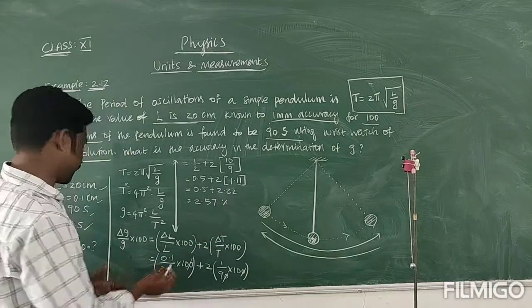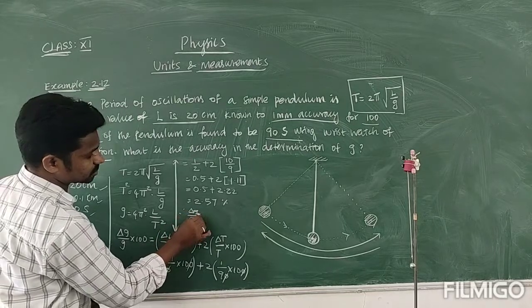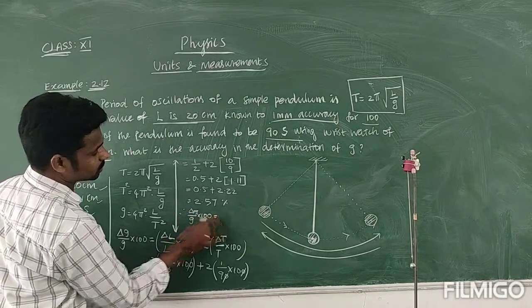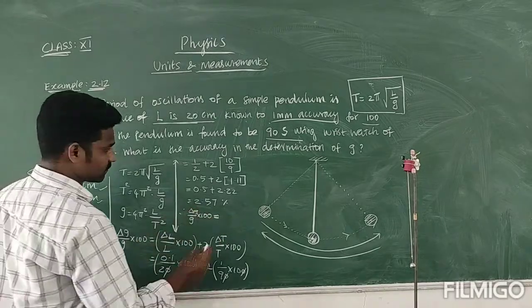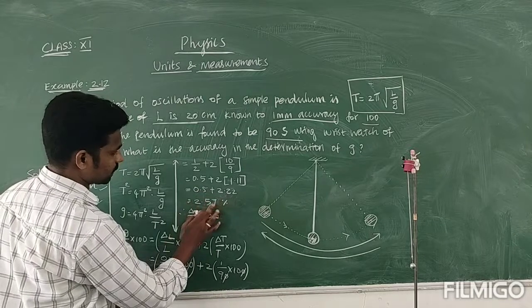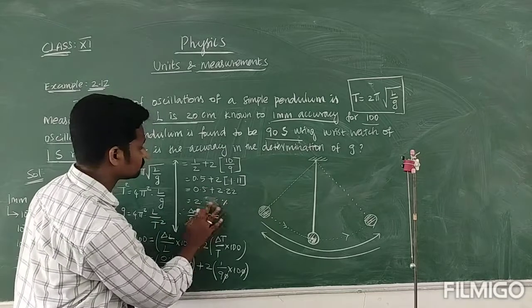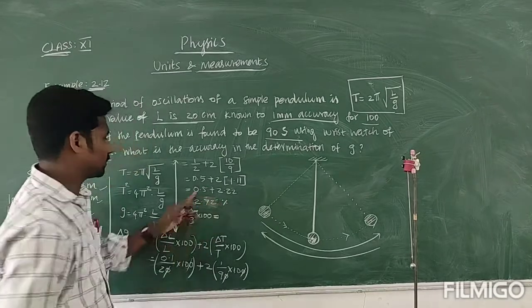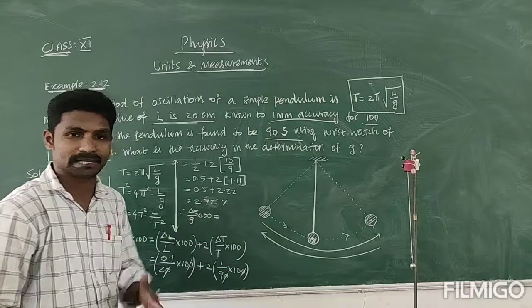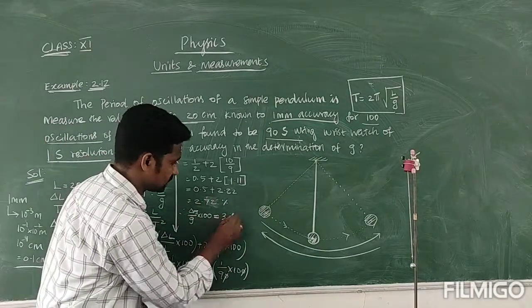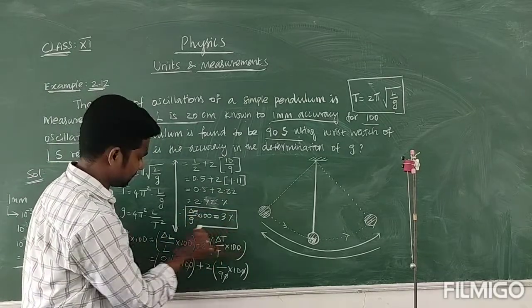So finally, delta G divided by G into 100 is approximately equal to 2.72. So 2.72 approximately we can write as 3%. So we get the answer, 3%.